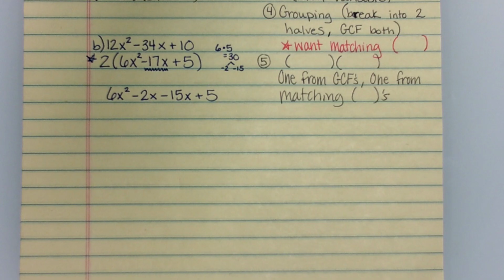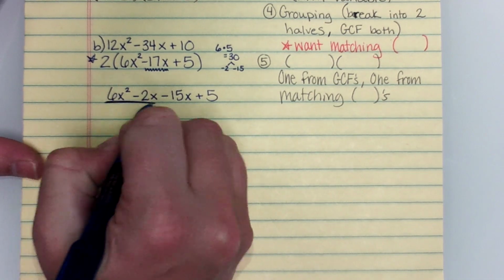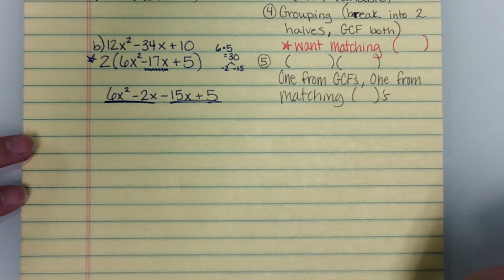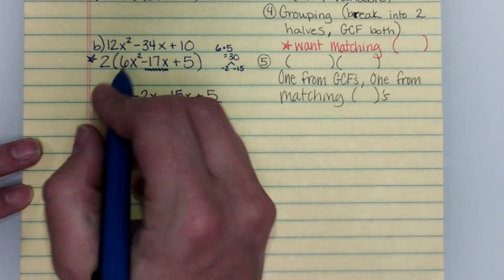Is it minus or plus? Thank you. Okay. What do I do once I have it in 4 parts? Do the grouping. Break it in the halves. What comes out of the first half here? Not 3. 2x.